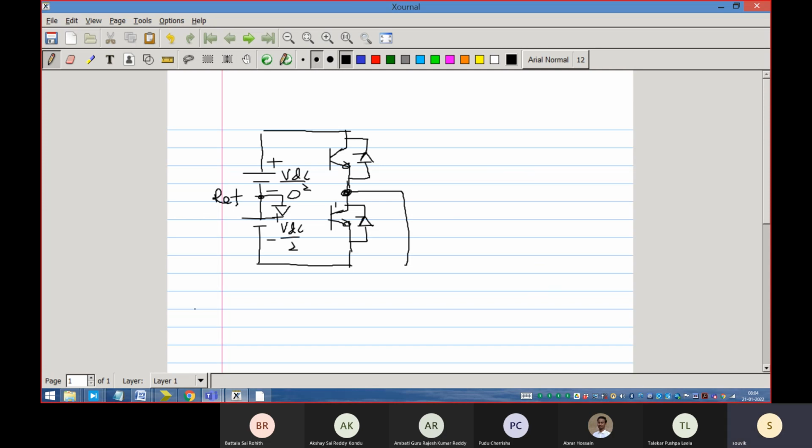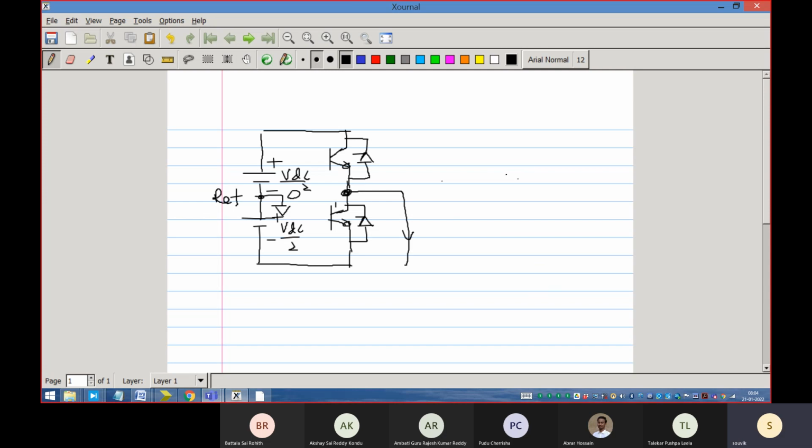Why this diode is important is that this current is going to the motor. So, voltage source inverter. Similarly, the two other legs are there. It's identical.